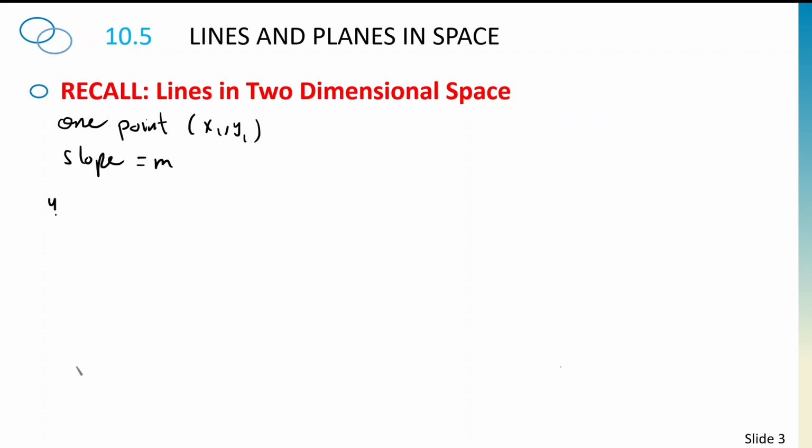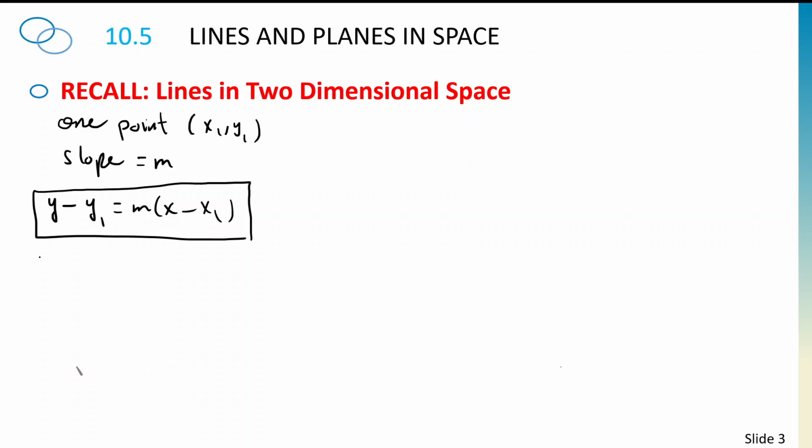So the equation will be y minus y1 equals m times x minus x1. This form is what we call the point-slope form. This is the first case usually you see. So we need 1 point and slope in order to find the equation of the line.